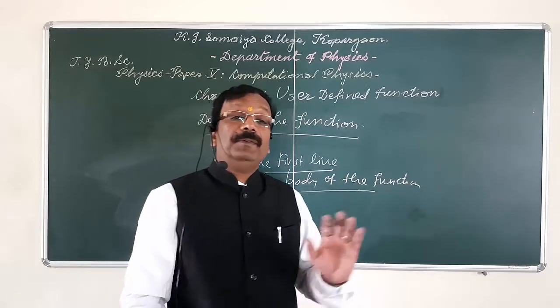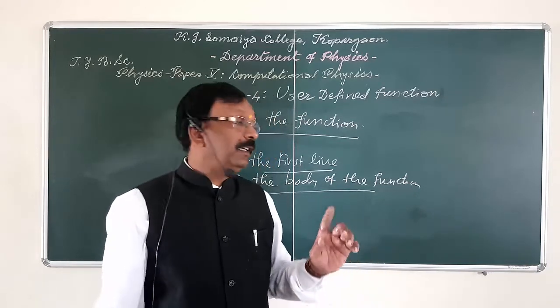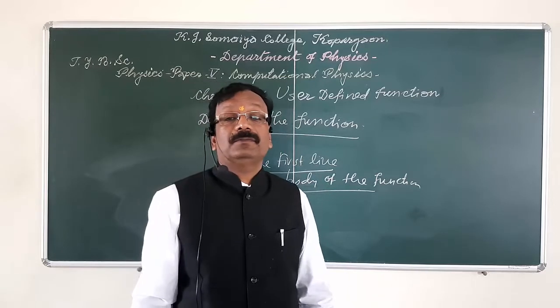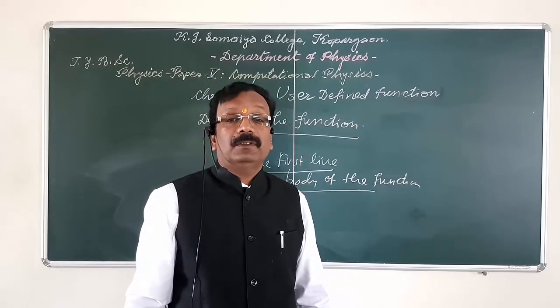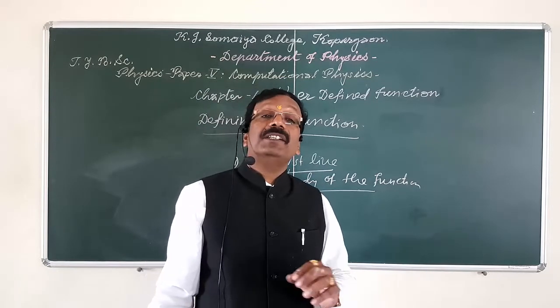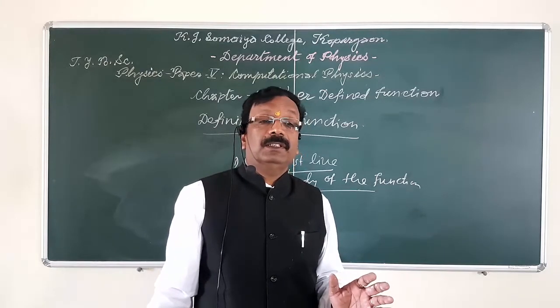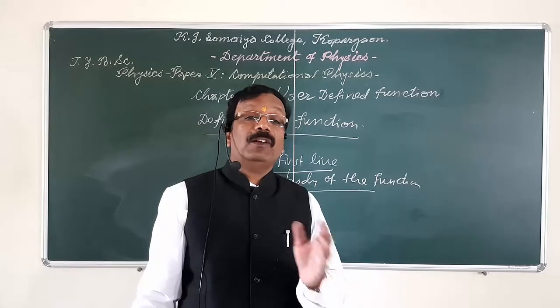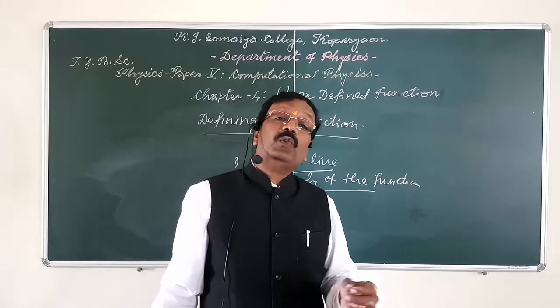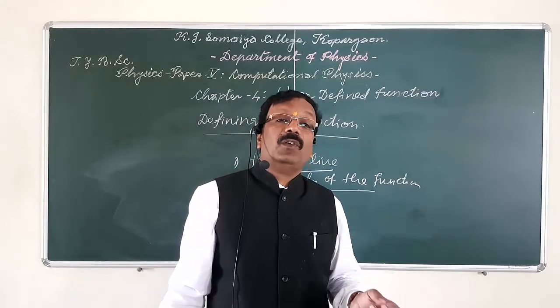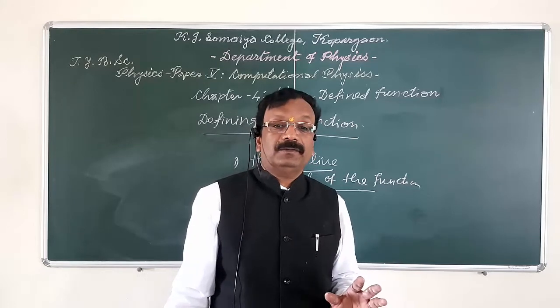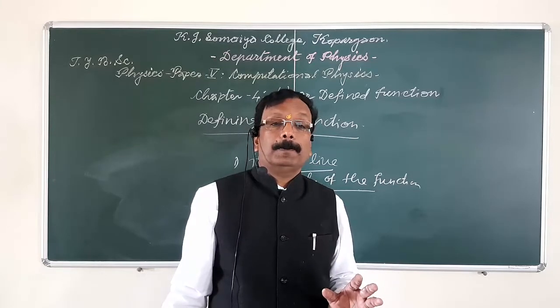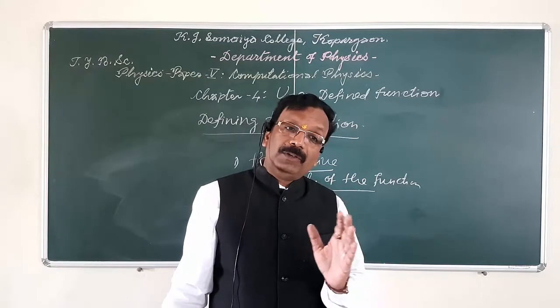The first line of the definition contains the type specification followed by the function name and a set of arguments separated by commas and enclosed in parenthesis or round brackets. I am again going to repeat that.